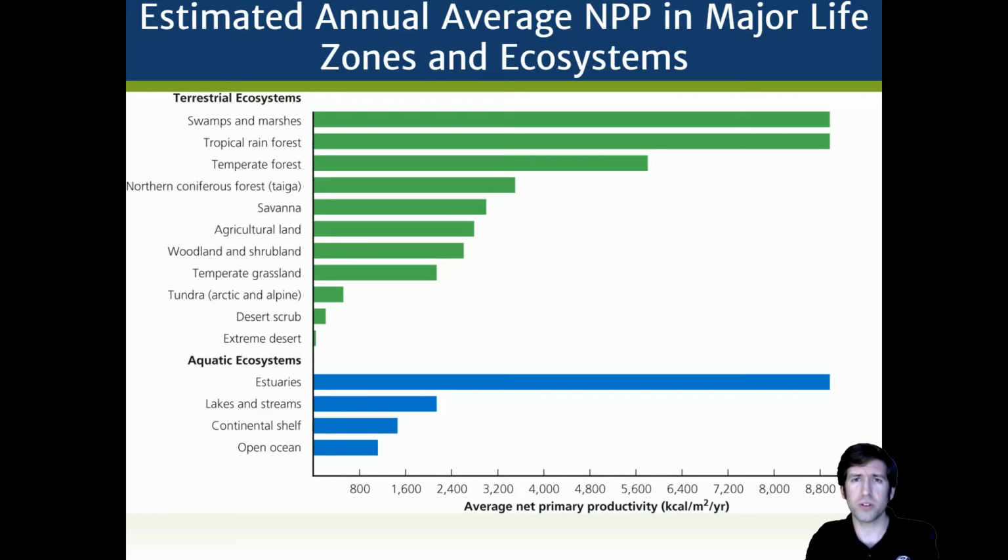There's a whole bunch of plant growth that occurs there. But swamps and marshes also, with their algae, their trees, their shrubs, they're also going to have a whole bunch of NPP as well. Next to that, we've got the temperate forest, which is like the area we live in, and then you see that there is a huge decline from that to the taiga, to the savanna, to agriculture. The top ones are definitely something that you should remember.